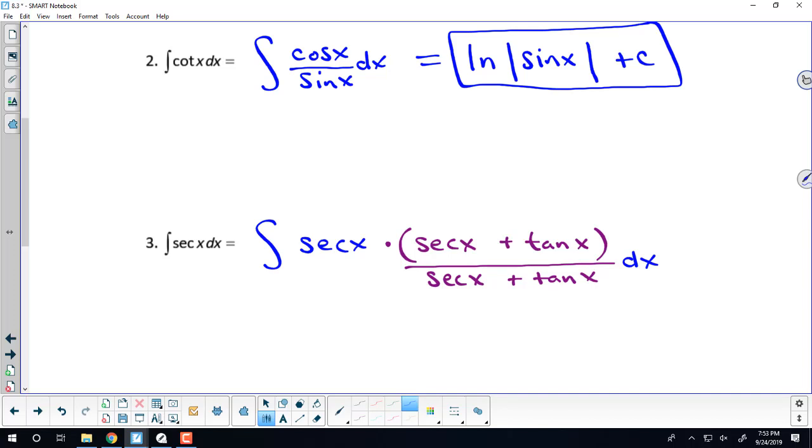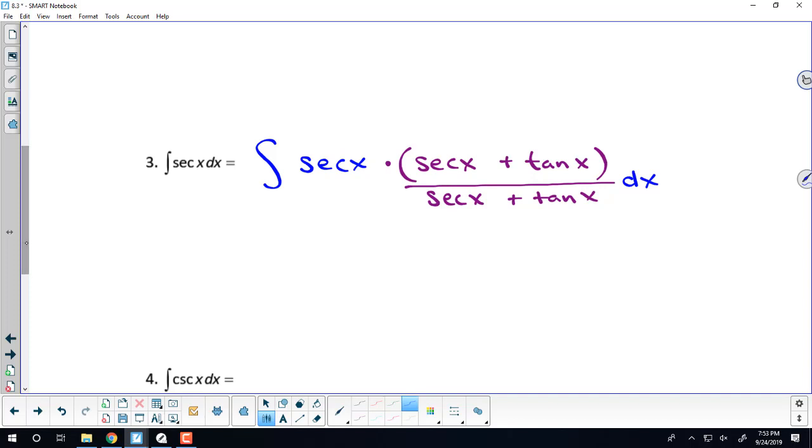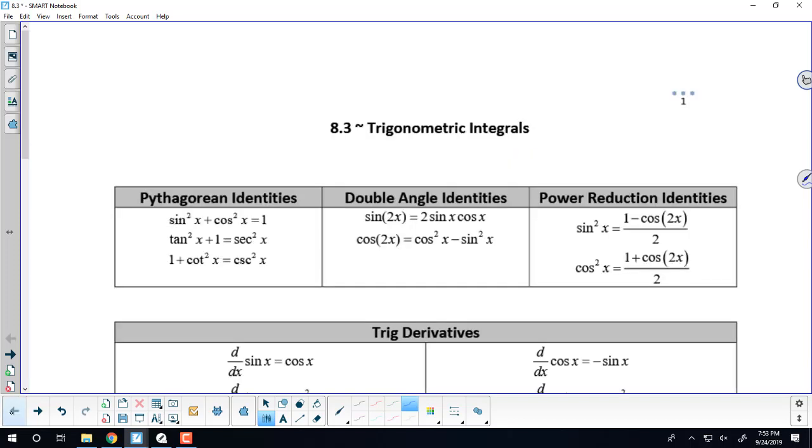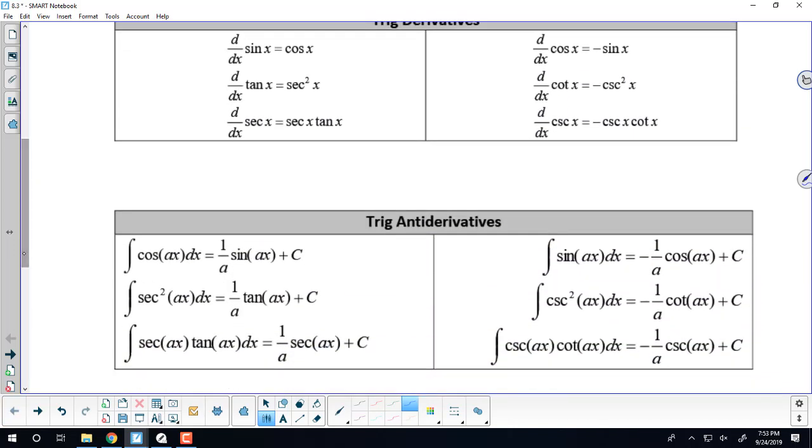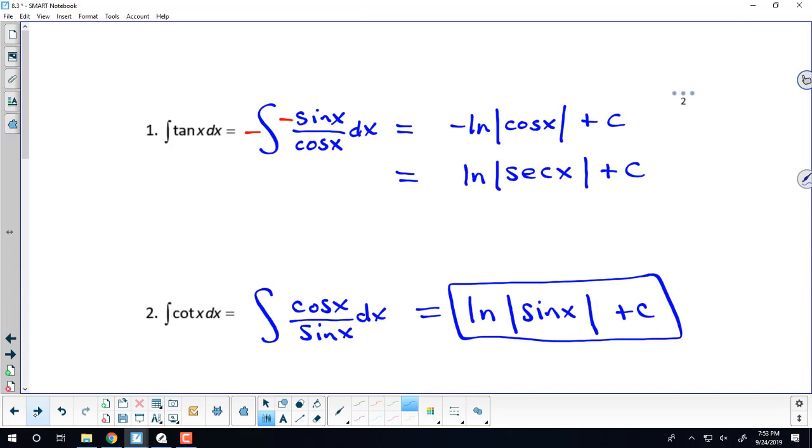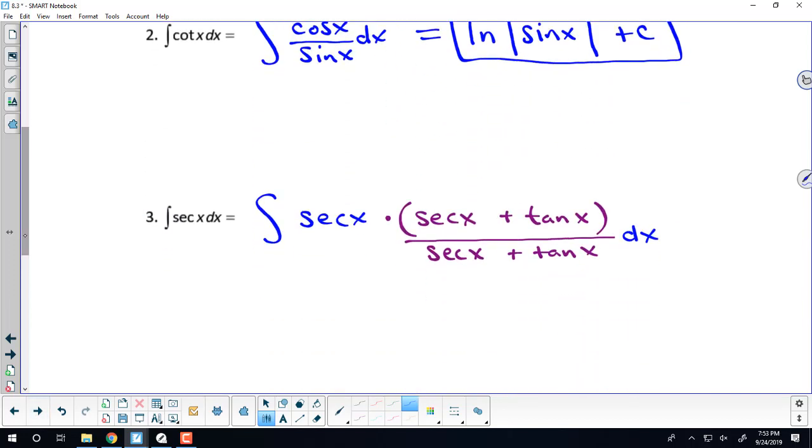So maybe not obvious to utilize that, but once we see that, then we can say, well, if I looked at the bottom, what's the derivative of secant? Secant tangent, plus the derivative of tangent. What's the derivative of tangent? Secant squared. So the derivative of the bottom would be secant times tangent plus secant squared. Notice what's on the numerator though.